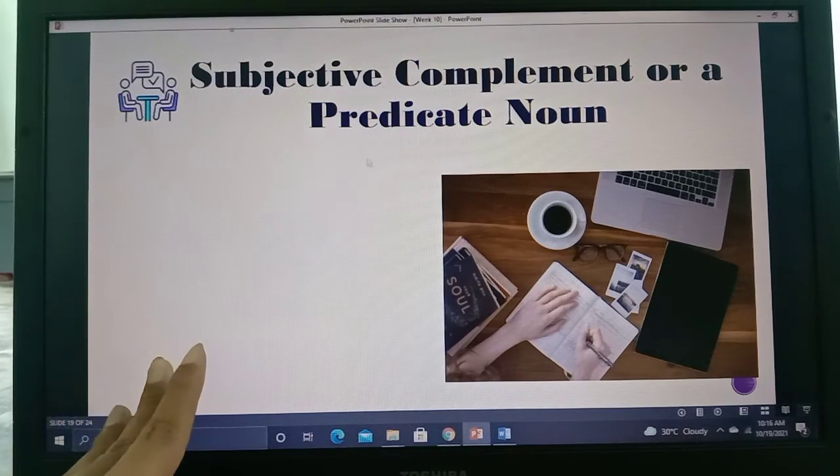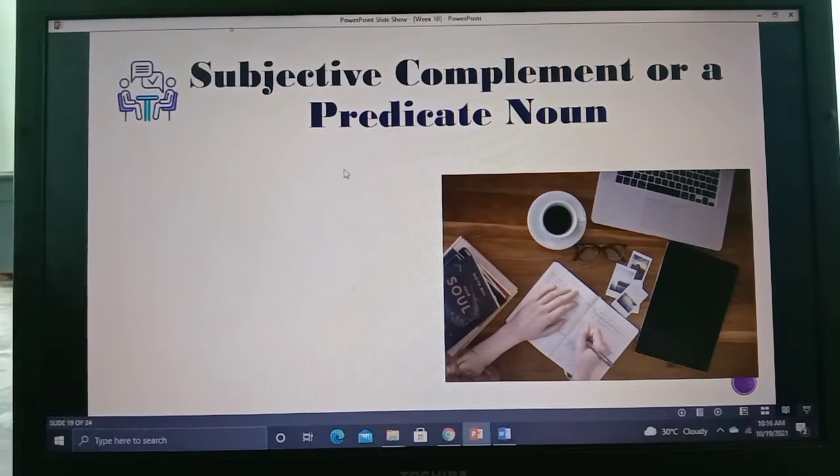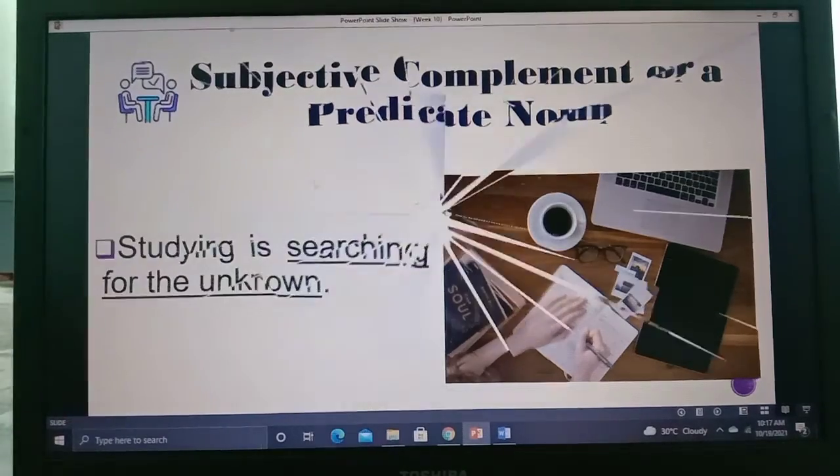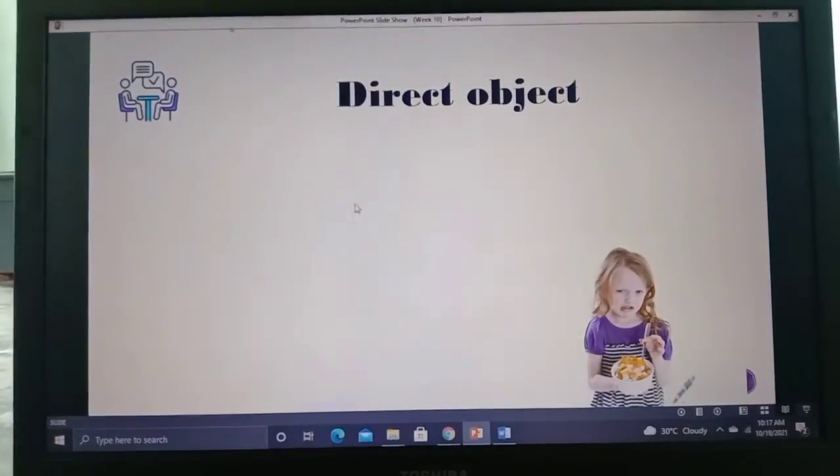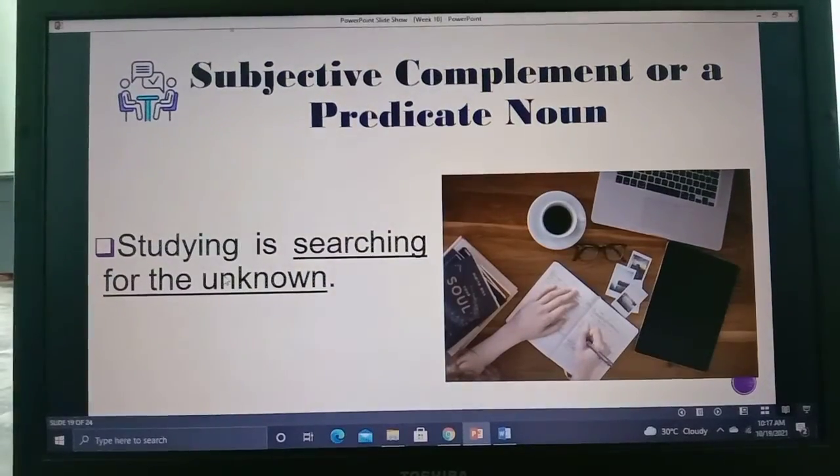Next one. Ang function naman dito ng gerund ay bilang subject complement or a predicate noun. Pwede siyang subject complement or predicate siya ng noun. Example is, studying is searching for the unknown. So, ang medyo nandito is yung searching for the unknown.